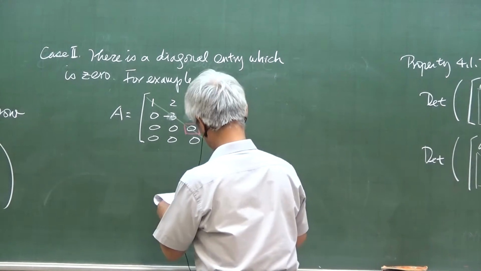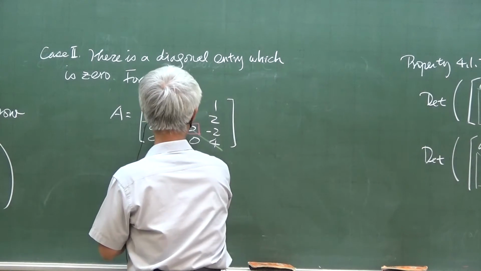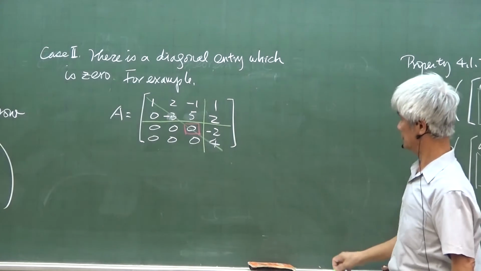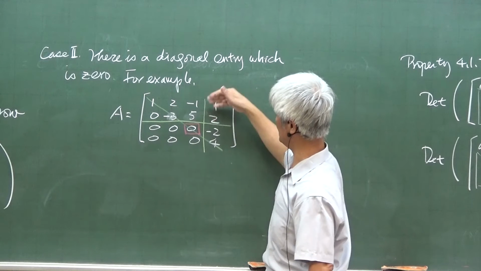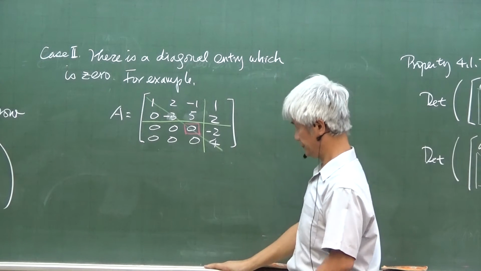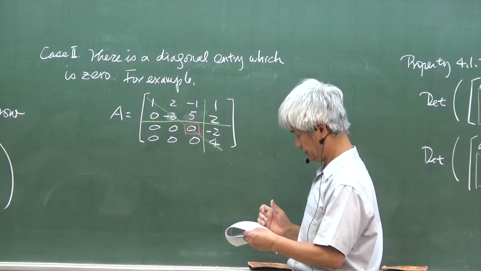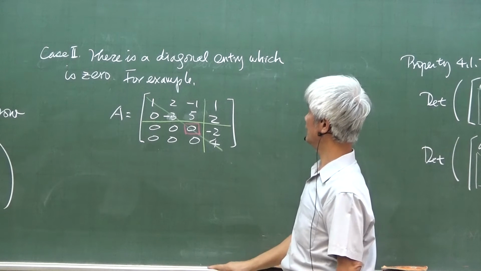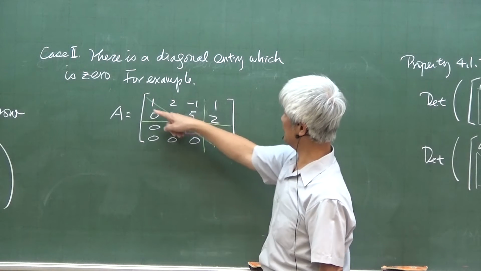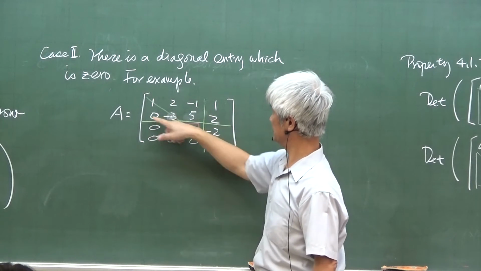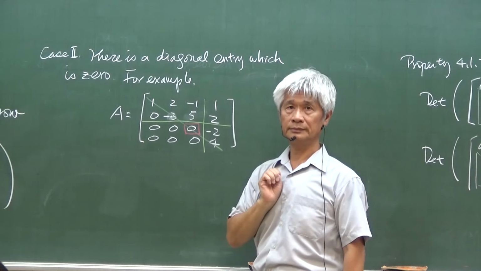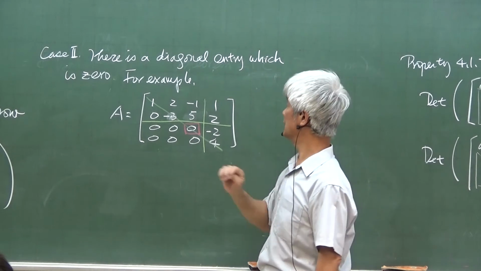Now we partition the matrix into two, and look at the submatrix B here. So it's 2 by 3, right?